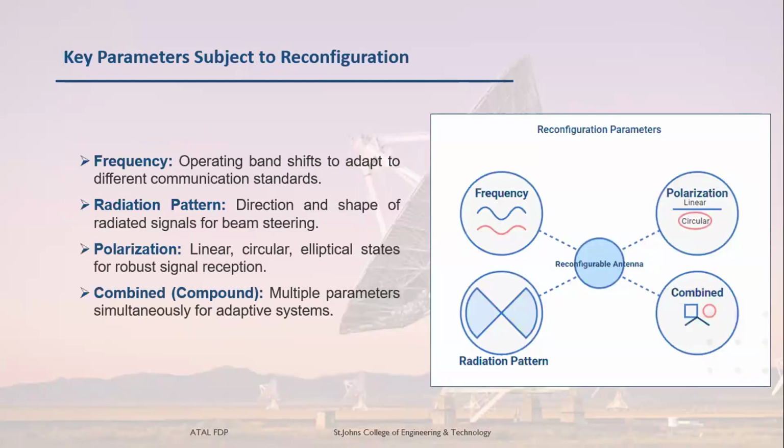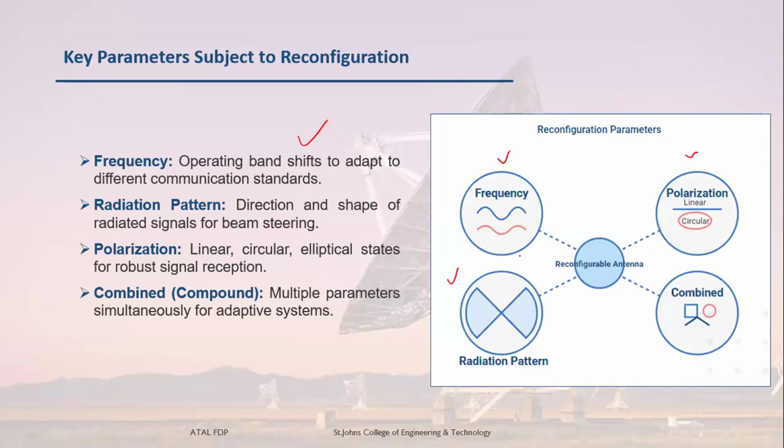Now, what are the various parameters that we can change? One is the frequency. Whatever I am trying to tell here is written in the matter, and I am also trying to show it in the form of a figure. In the entire session, we will be talking about frequency, polarization or pattern. Sometimes I can combine these things also.